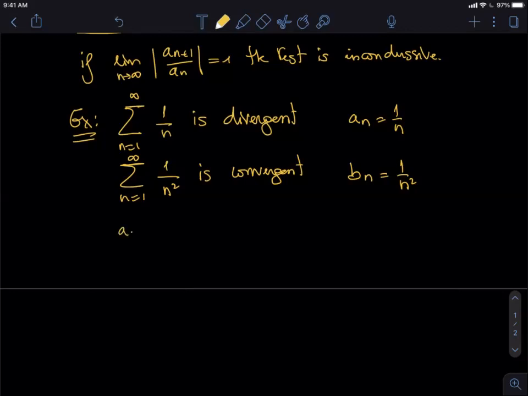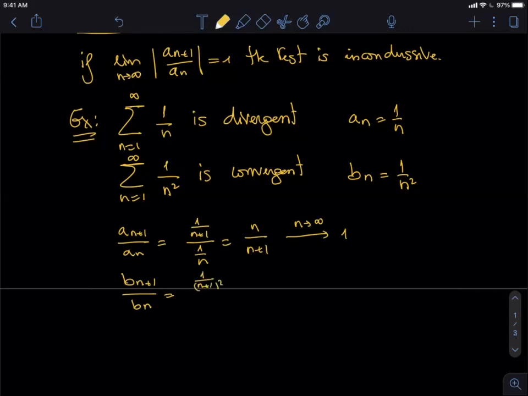So we can look at an plus 1 over an, which is 1 over n plus 1 over 1 over n, that is n over n plus 1. This converges to 1 as n tends to infinity. Okay, and we can also see that bn plus 1 over bn is 1 over n plus 1 squared over 1 over n squared.